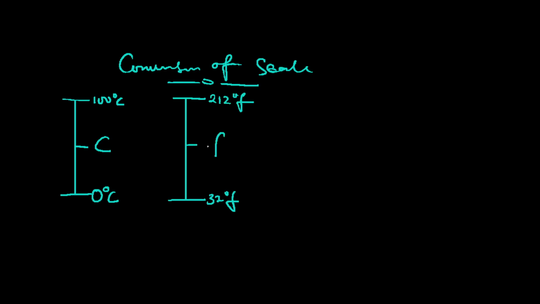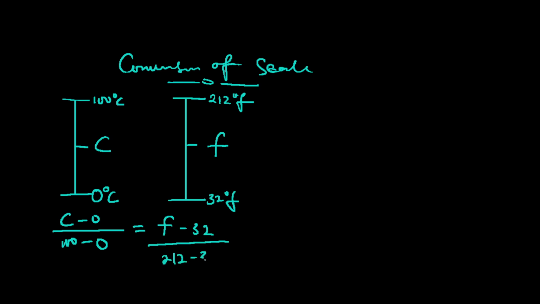Let's say the value is F. So we want to look for the value of F now. How do we go about that? Take the proportion of this. We have C minus 0 divided by 100 minus 0, and this is equal to F minus 32 divided by 212 minus 32.